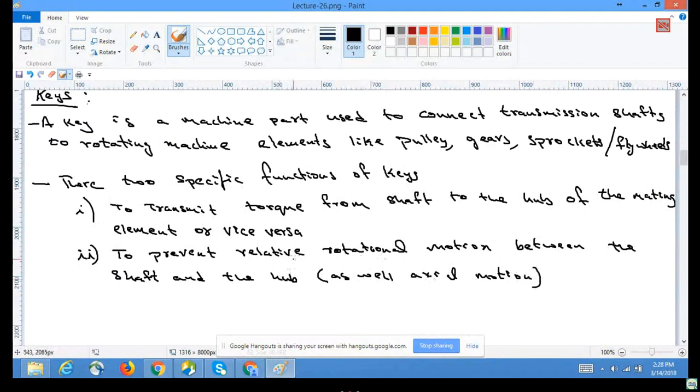Okay, so this axial motion is not taken care if it is for the feathers and splines.